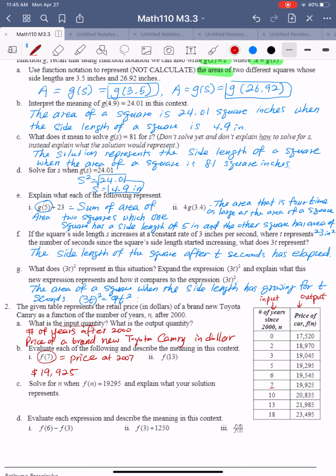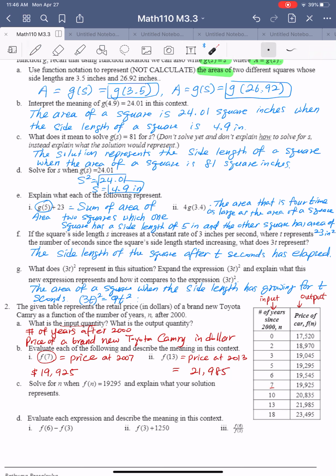And f of 13 means the price in 2013, because we started counting from 2000. The price in 2013 is 21,985.